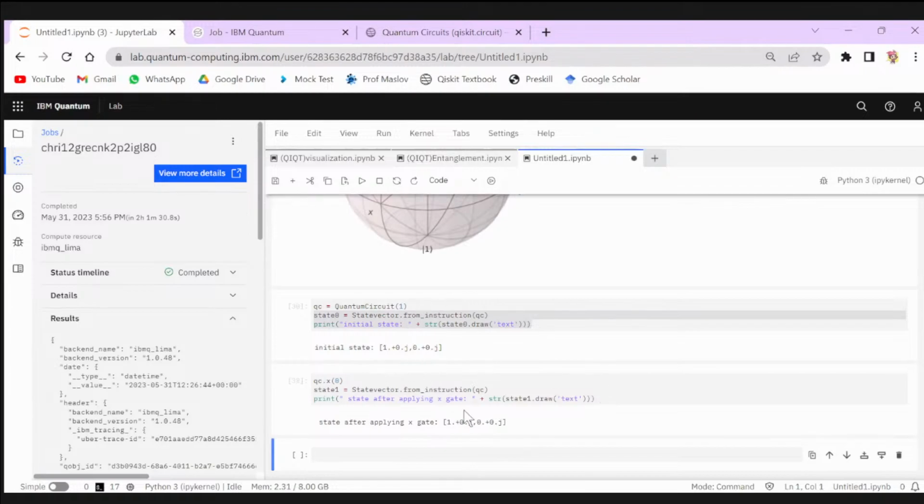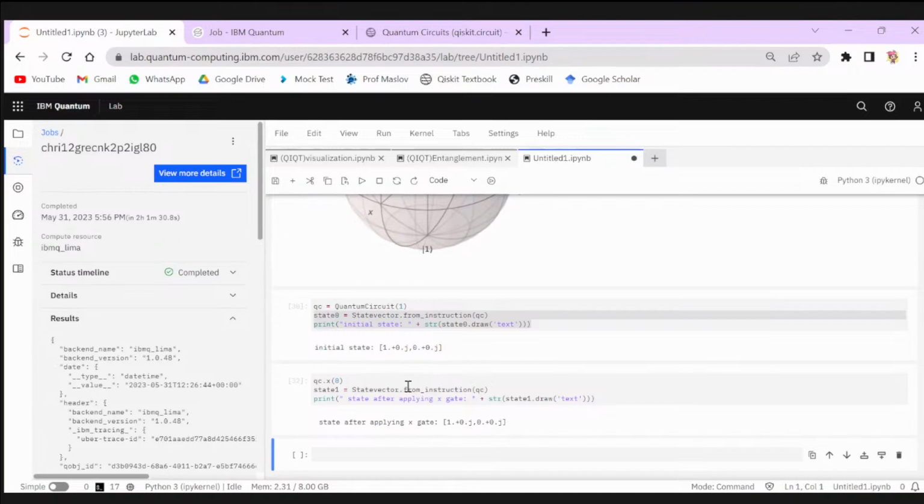so with this visualization you can understand any big algorithm or any big circuit. You have to know the step. In every step you have to know what was the state.